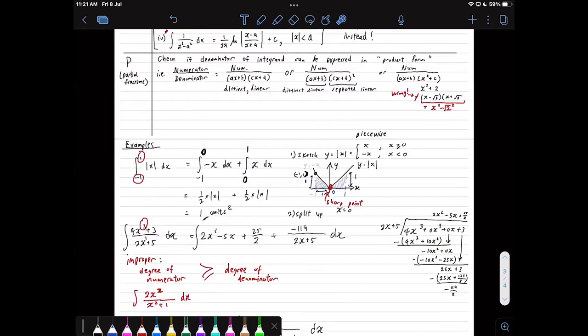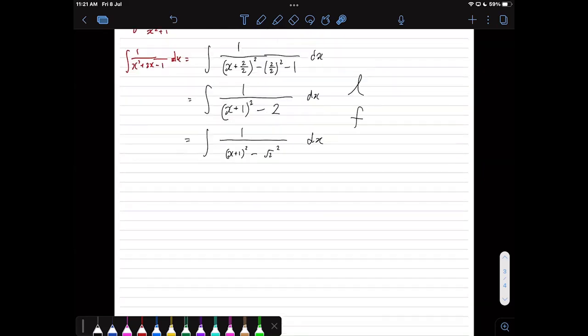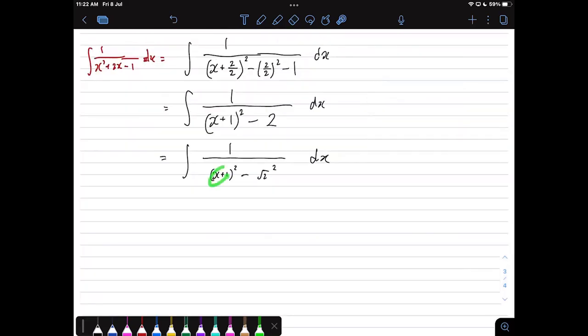Let me show you for this example. When you got something squared minus something squared, it's really just a plus b, a minus b, right? So x plus 1 plus square root 2, x plus 1 minus square root 2. Okay?